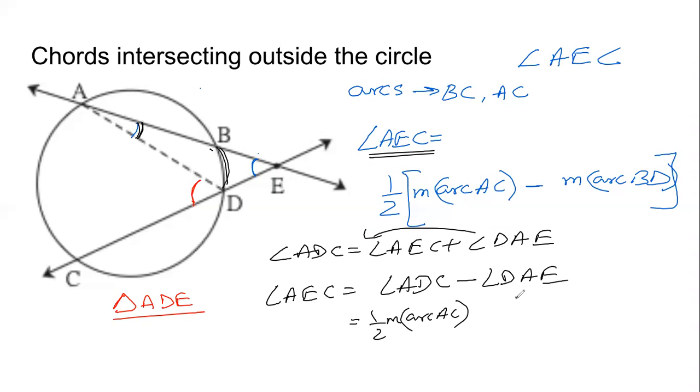So it will be equal to half of arc BD. There is a minus sign between them. So we have this situation. This proof is also dependent on the exterior angle theorem for triangles and the inscribed angle theorem for circles.